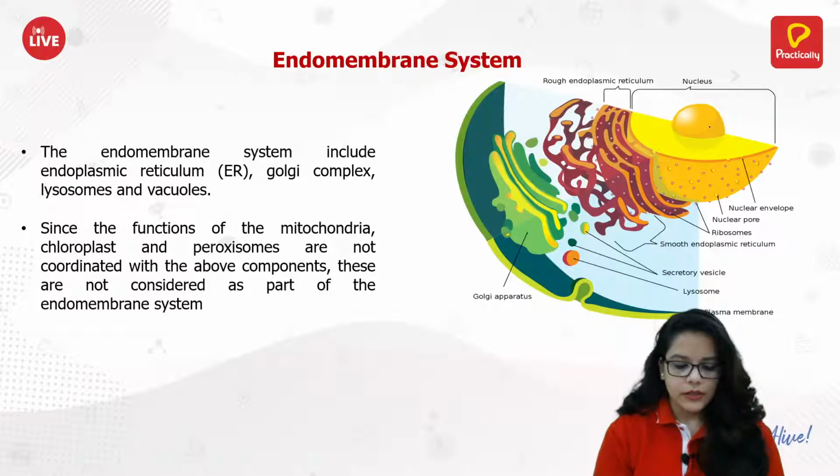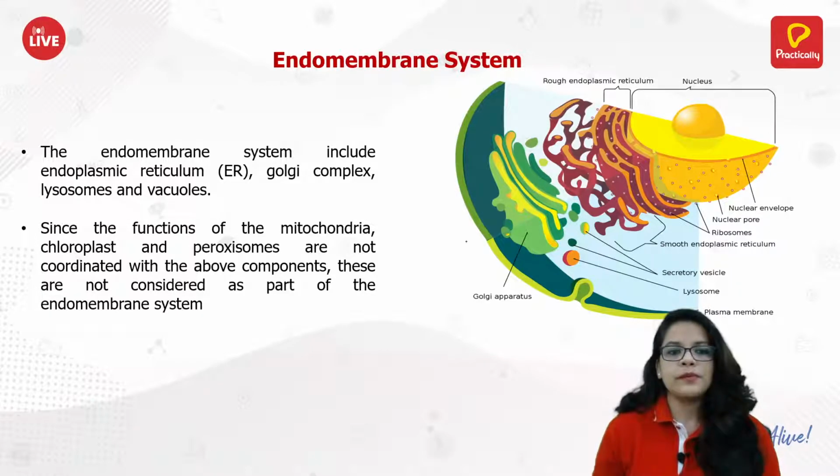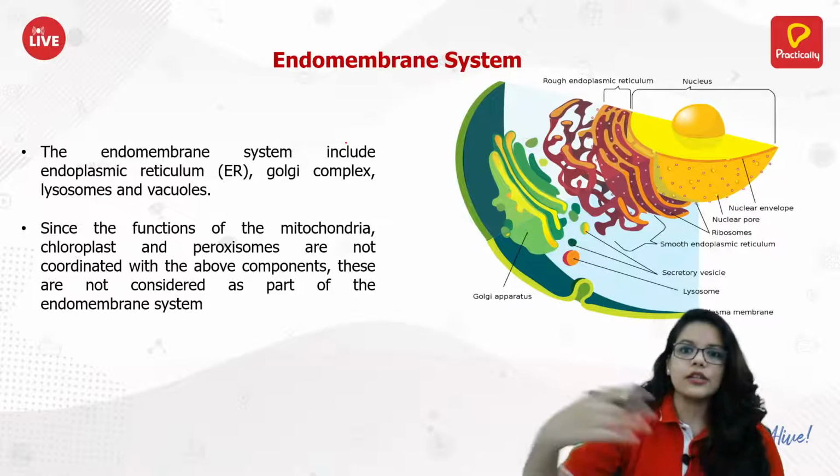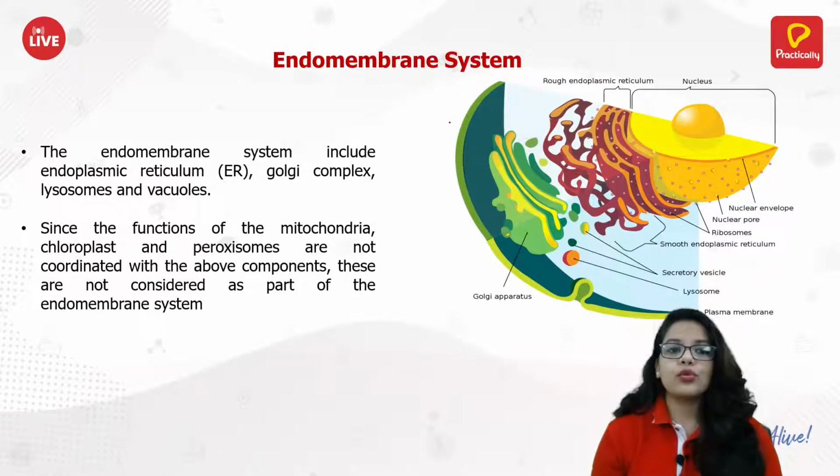So now, the endomembrane system. Why is it known as the endomembrane system? Because they help in the transfer of molecules from one part of the cell to another, or from inside to outside. Those organelles which help in that transfer are known as the endomembrane system.